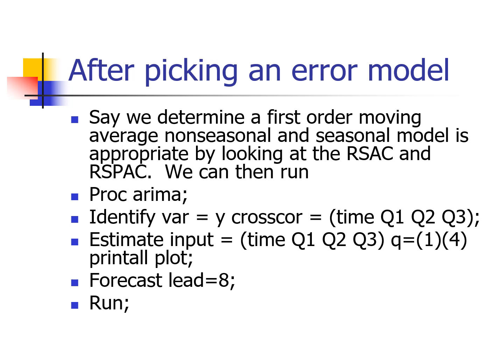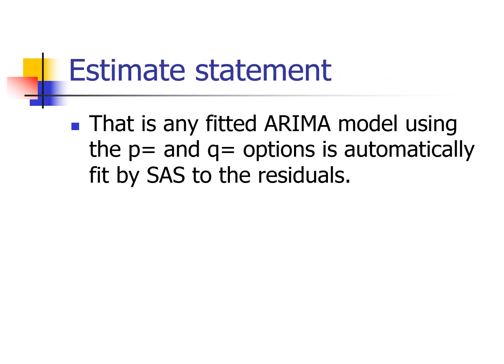And then (4), that's the first order seasonal moving average model. Any fitted Arima model using the p equals and q equals option is automatically fit by SAS to the residuals. That's pretty cool.